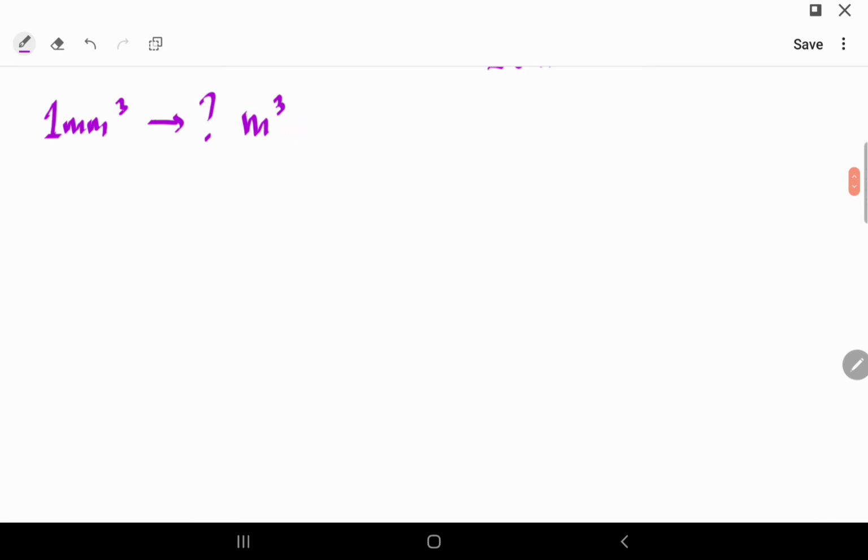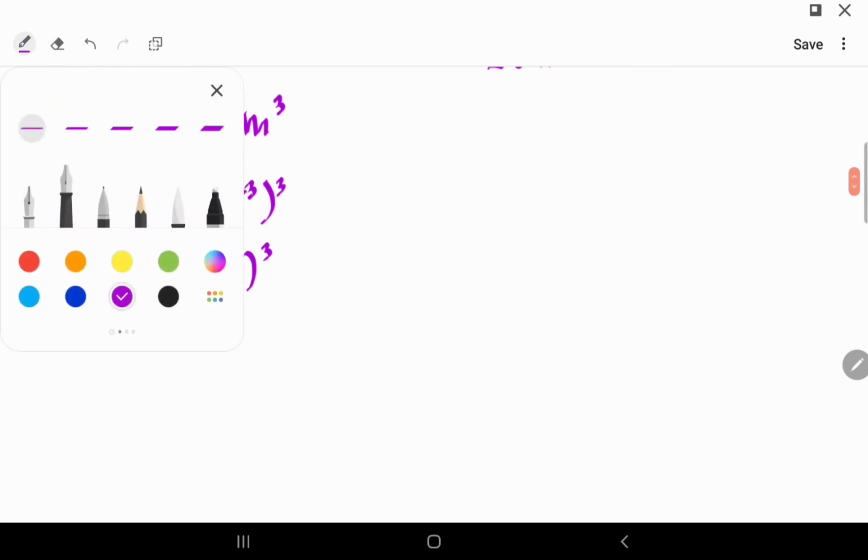By using a cross method or ratio method, 1 millimeter cube multiplied by 1 milli equals 10 to the power of negative 3. And then we have cube here, make it cube. Cube and cube. So 1 millicube, 1 millicube. Millicube and millicube cancel each other already.